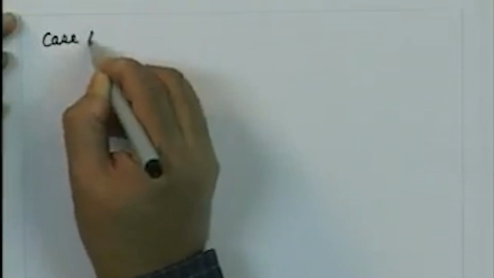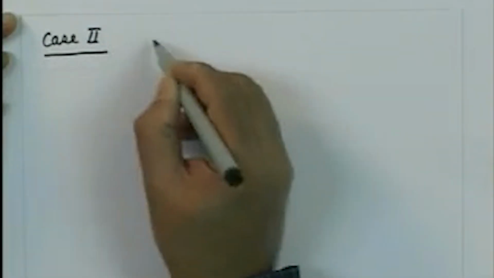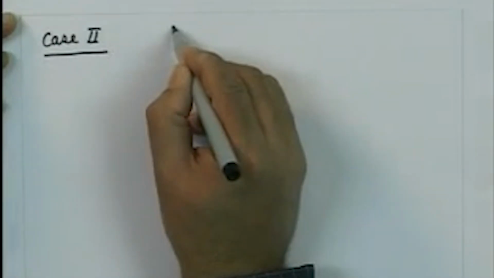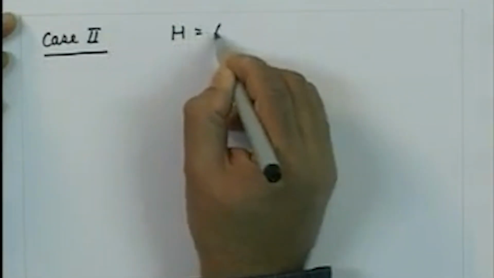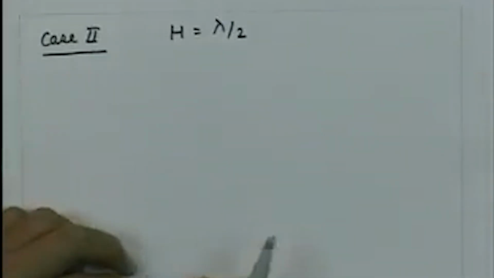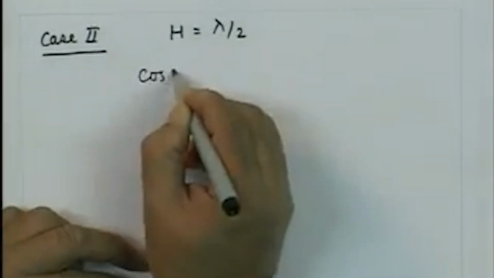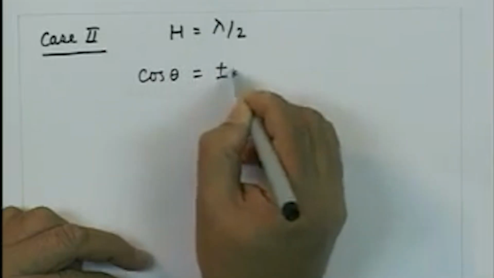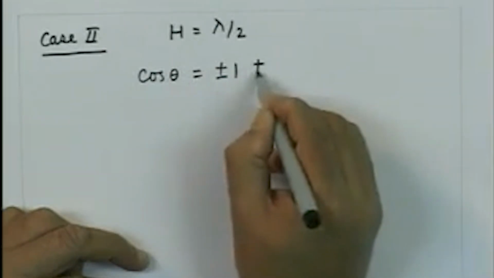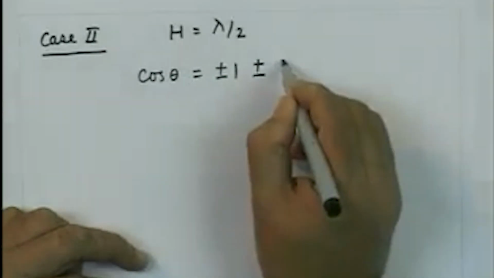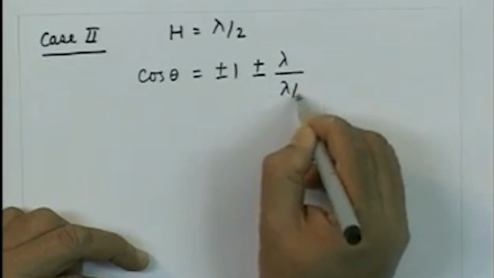We can increase the length of the antenna and go to case 2, that is I increase the length of the dipole, h is equal to lambda by 2. That means I have made now dipole which is one wavelength long. So in this case now cos of theta will be plus minus 1 plus minus lambda upon lambda by 2.